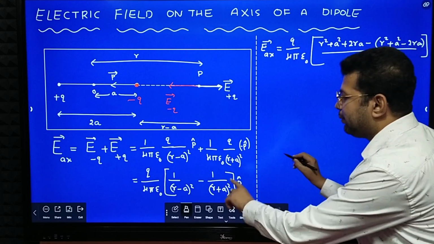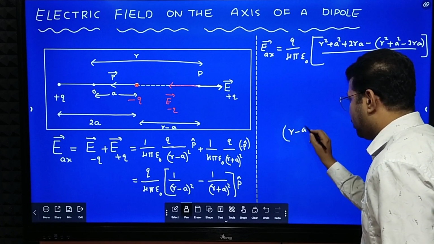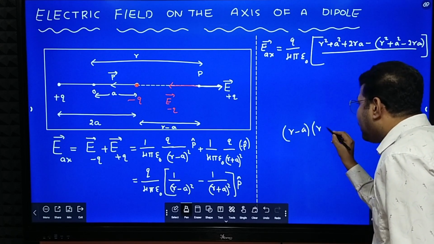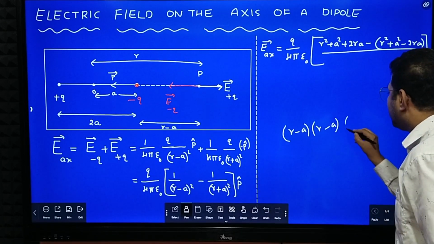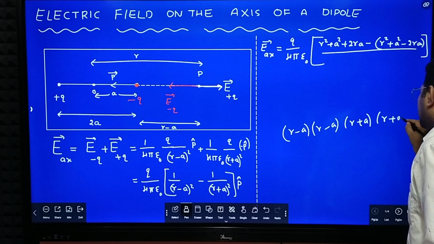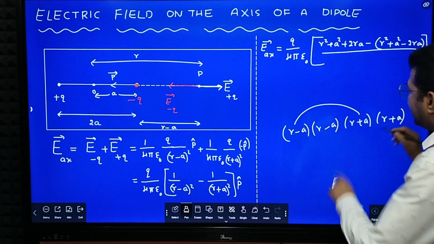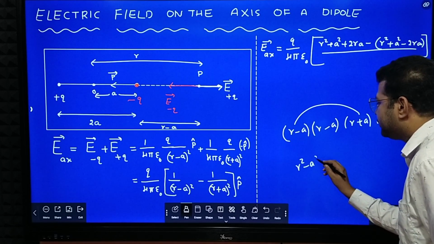Or let me explain, I'll write here. (r minus a) whole square means what? (r minus a) into (r minus a), correct? Then (r plus a) whole square means what? (r plus a) into (r plus a). Now what I'll do? I'll group these two: (a plus b) into (a minus b) is equal to a square minus b square.